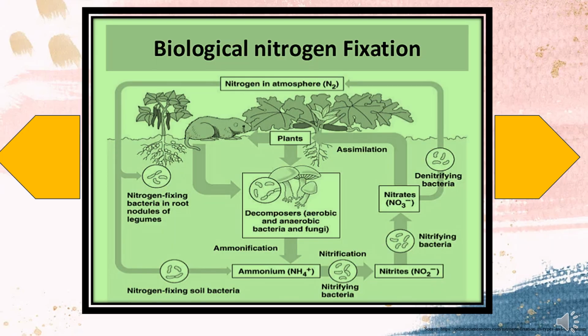So biological nitrogen fixation goes on in both the autotrophic and heterotrophic strata of the ecosystem and in both aerobic and anaerobic zones of soils and aquatic sediments. And it is achieved by symbiotic and non-symbiotic means.